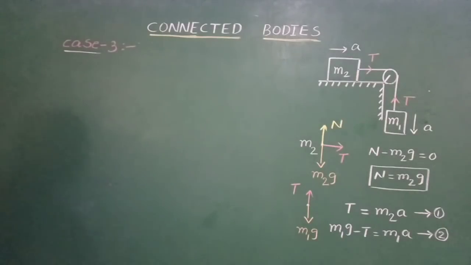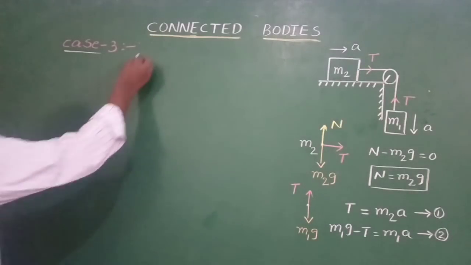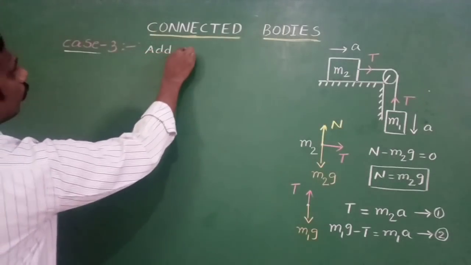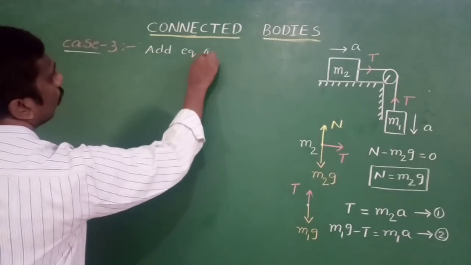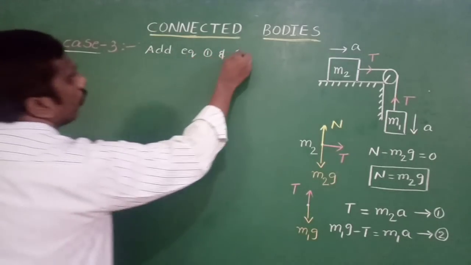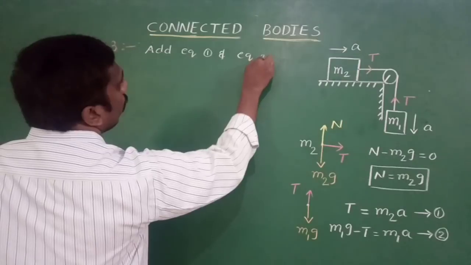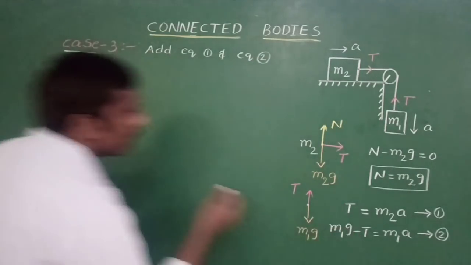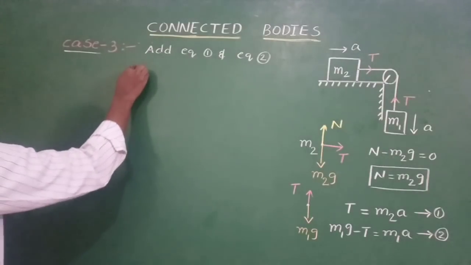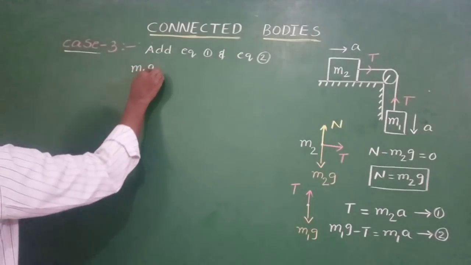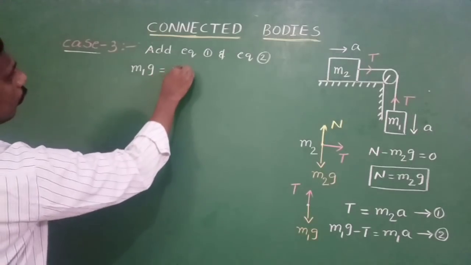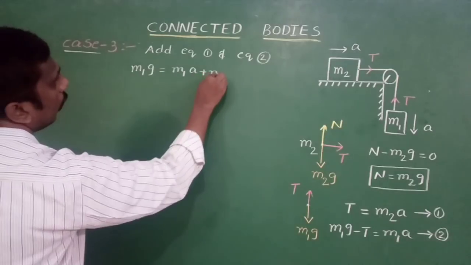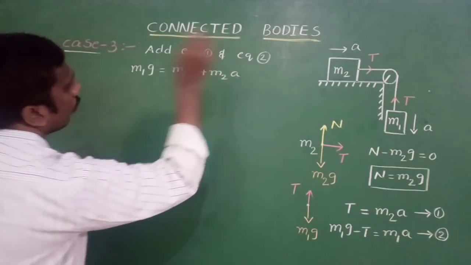To find acceleration, add equation 1 and equation 2. After adding these two equations, plus T minus T both get cancelled, then we can get m1g is equal to m1 into a plus m2 into a.